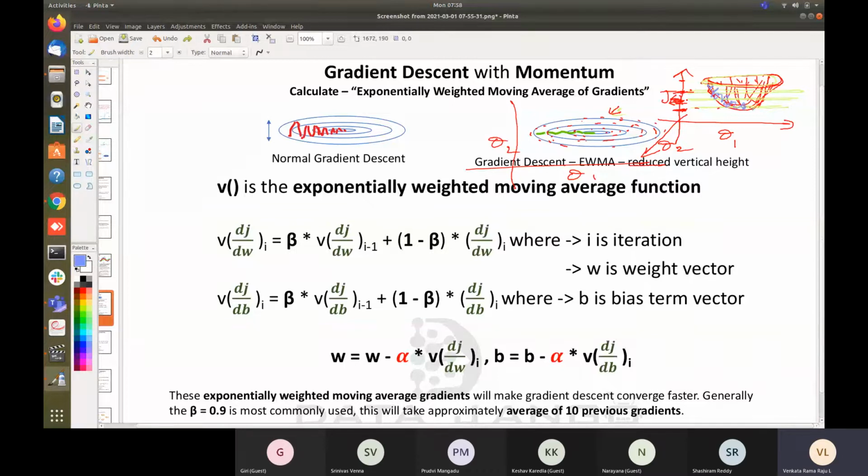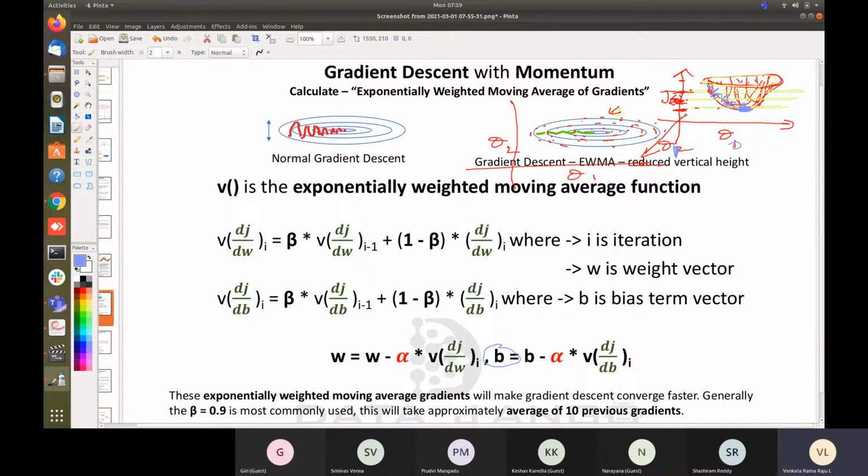So there is a vertical movement and there is a horizontal movement. In the theta 2 direction it is vertical. In the theta 1 direction it is horizontal. If you think of this as theta 0 and this as theta 1, that is what the theory is talking about, vertical and horizontal.